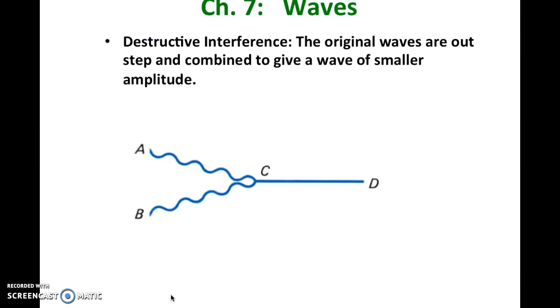Destructive interference occurs when the original two waves are out of step. So one is increasing, one is decreasing. They cancel each other, and combine to give a wave of smaller amplitude.